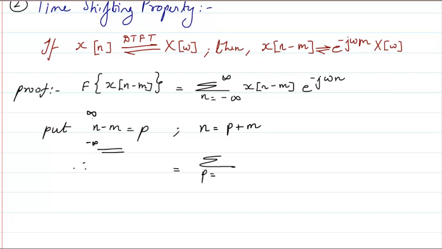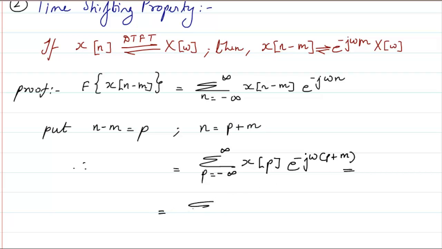For n is equal to plus infinity, again p is going to be plus infinity. So actually the limit will not change, it will be from minus infinity to infinity. And then instead of x of n, I will write x of p e raised to power minus j omega, instead of n, I will write p plus m.